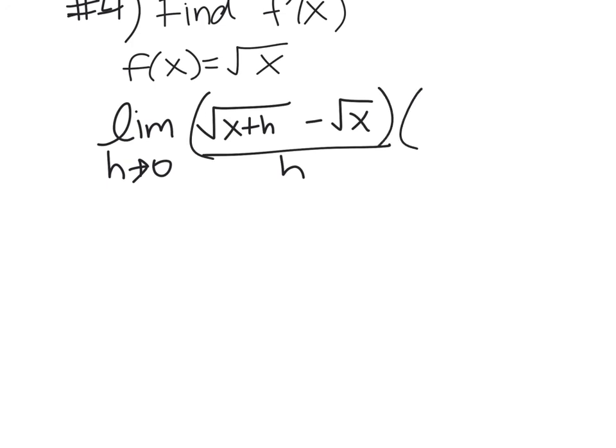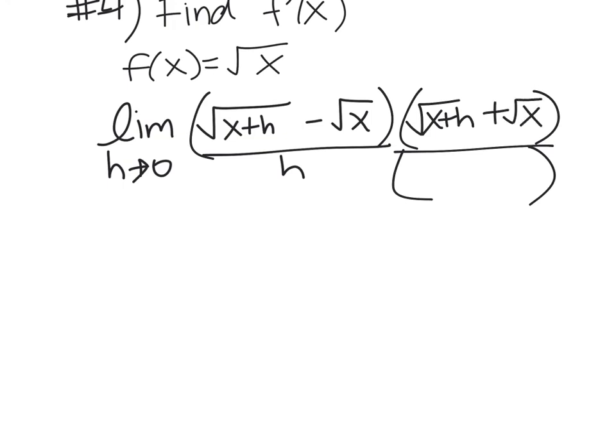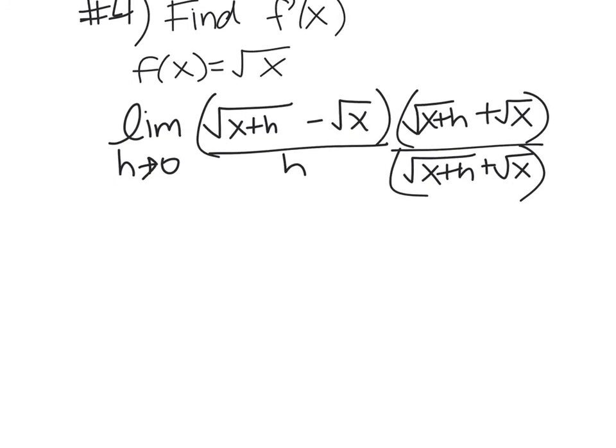We're going to multiply by the conjugate. So we're going to multiply top and bottom by the square root of x plus h plus the square root of x. We did this rationalizing technique last week, so you're really good at it.